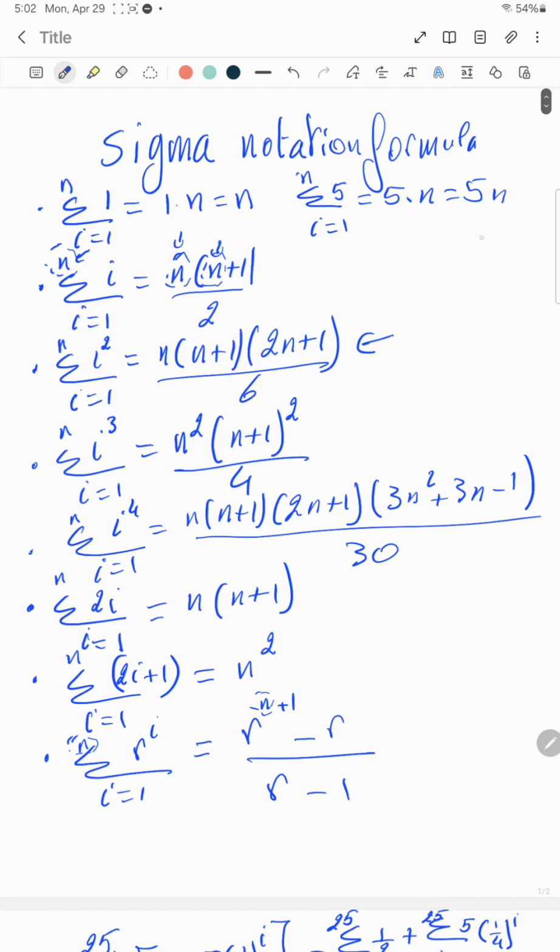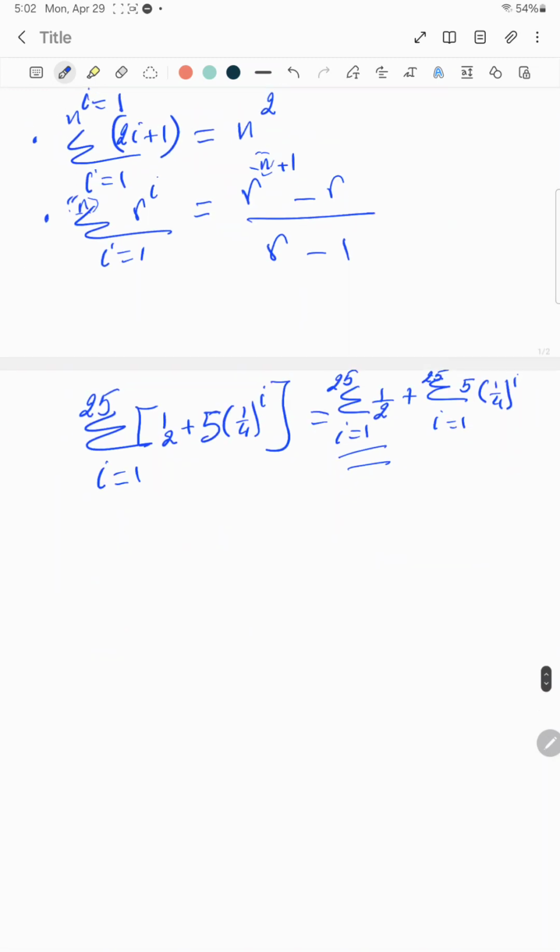The sum of i equal 1 to n of 5 is 5 times n. I have 1/2. It becomes 1/2 times 25, because in that case my n is equal to 25. So the first one here becomes 1 over 2 times 25, which is equal to 12.5.